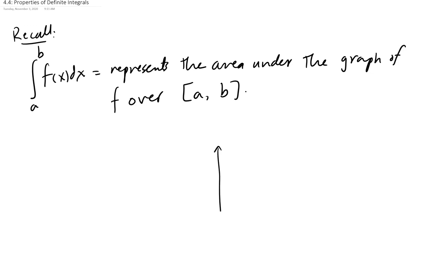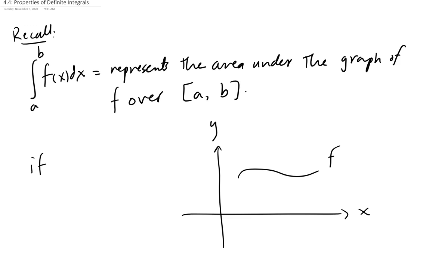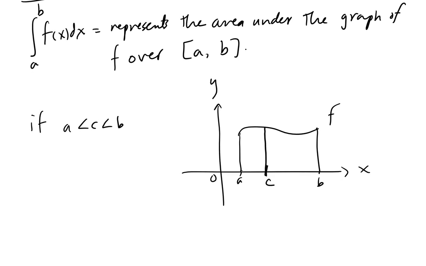So if I graph any random function f, and say this is from a to b, let's take a c between a and b somewhere, any number c between a and b, and draw the vertical line. Then there's a property that says if you go from a to b, you can go from a to c.